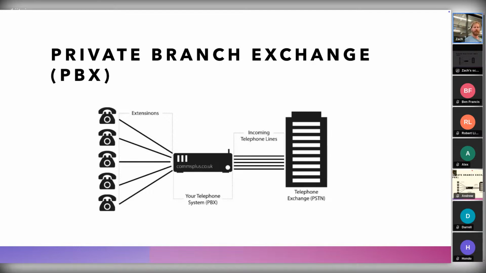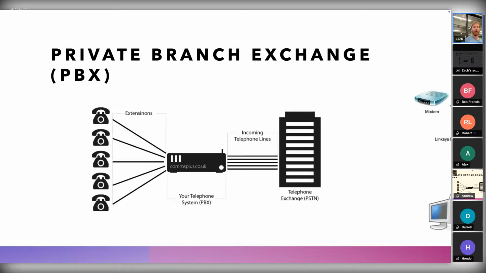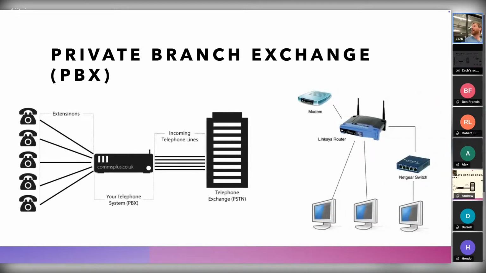And if this looks a little bit like an internet router, well, it is. It's very, very similar. So if you think of the central office as your modem's connection to the internet, and then your router as the switching equipment for the private branch exchange, and instead of the extensions over here, which are all the individual phones on the desk that each had their own phone number, these clients are your extensions, all the computers, and they have their own IP address, 192.168.1.whatever, and it's behind your NAT.